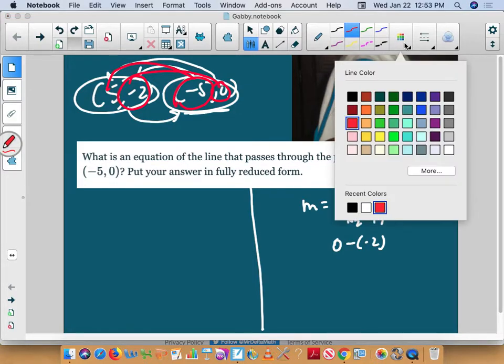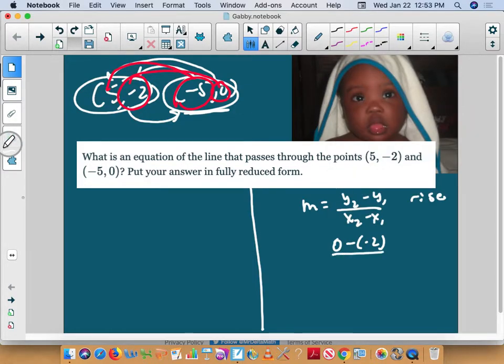So on the bottom of this, I've got negative 5 minus 5. All right, what's 0 minus negative 2? Positive 2 over negative 10. So as I predicted, y'all see I have a negative small slope. Remember, that line wasn't going very fast, okay? All right, so my slope is negative 1/5.